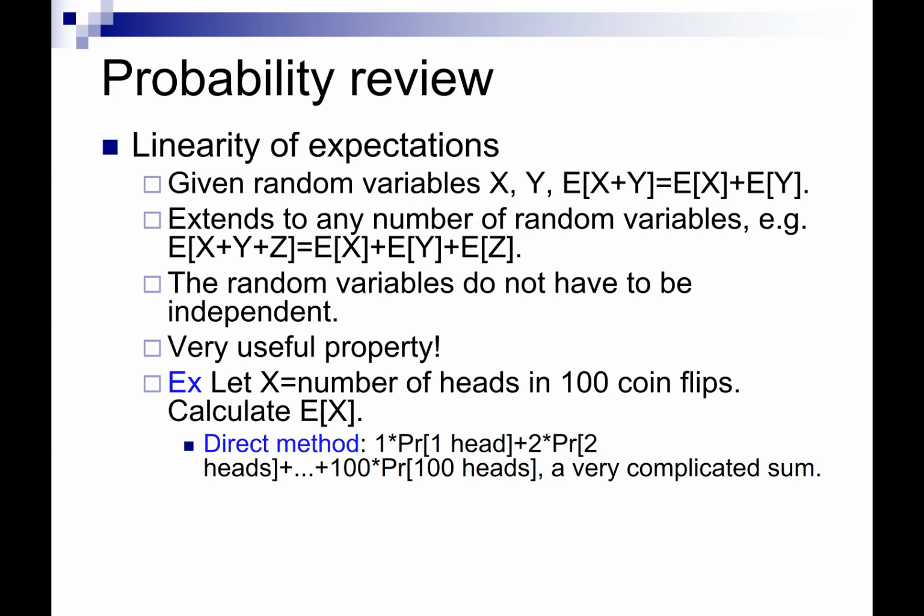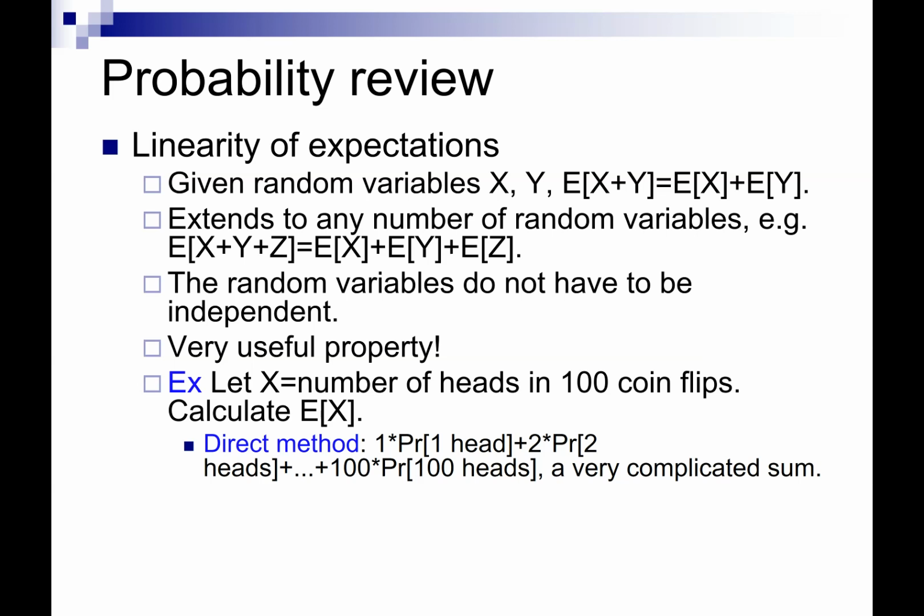We look at the probability of getting one head, times 1, plus 2 times the probability of getting 2 heads, and so on, and then we sum over all 101 possibilities.